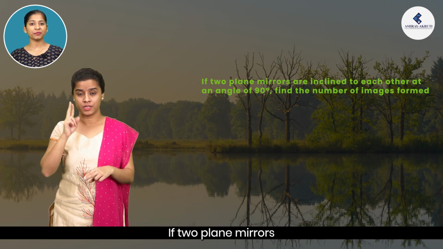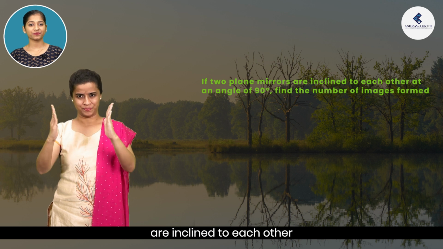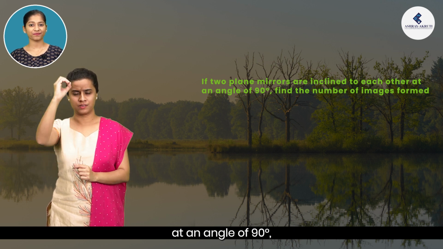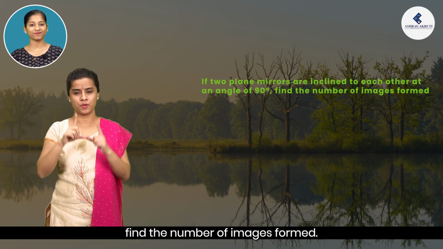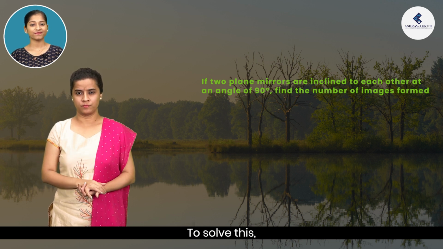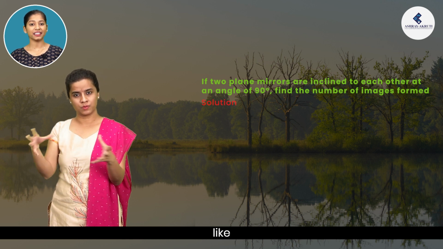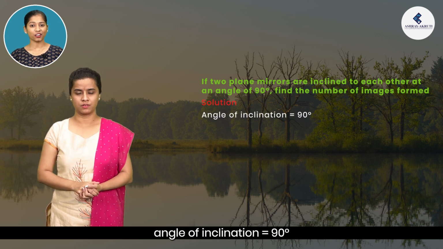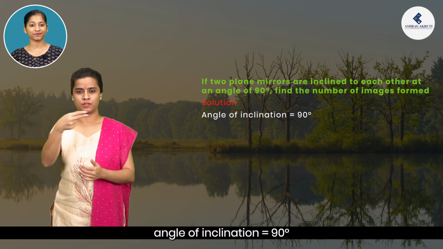If two plane mirrors are inclined to each other at an angle of 90 degrees, find the number of images formed. To solve this, we have to gather information like: angle of inclination is equal to 90 degrees.